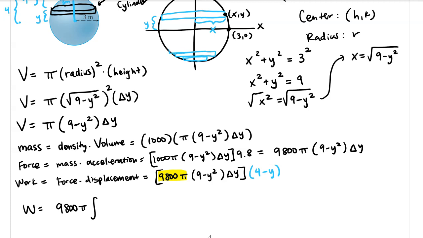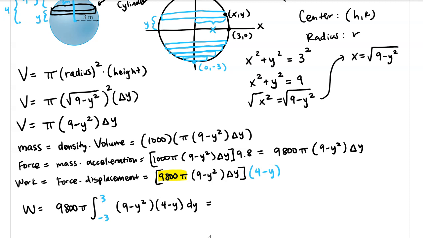So if I draw out my rectangles to represent my slices of water, my very first one here is starting at (0, -3), and then the very last one would end at (0, 3). So my limits of integration are going to be from -3 to 3. And then we have 9 minus y squared times 4 minus y, and then our delta y gets changed into dy when we're changing this into a definite integral.